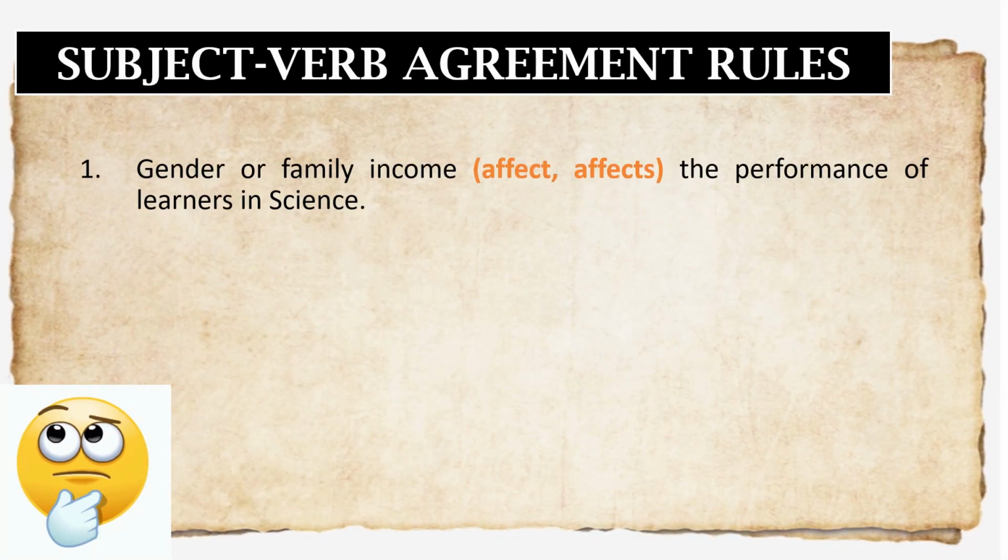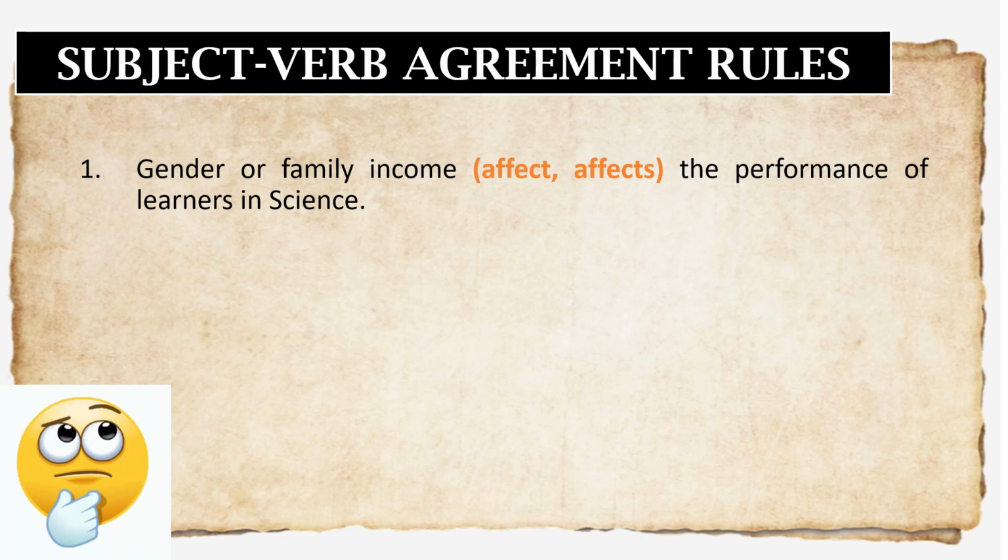Let us try to answer these exercises. First, gender or family income affects the performance of learners in science. What are the subjects in the sentence? The subjects here are gender and family income, and the subjects are both singular.